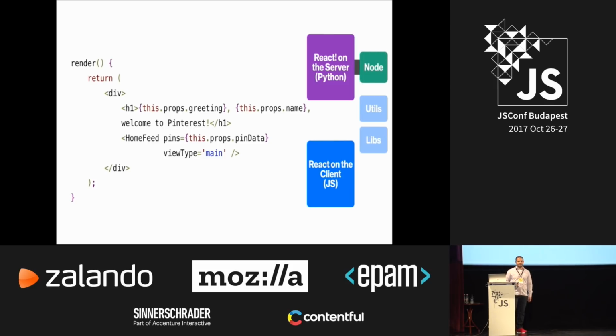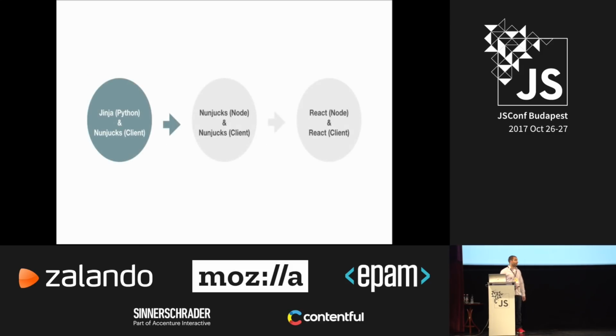As a bonus, we can reuse the same utils and libraries, so there is no more duplicating libraries, only in JavaScript, no more in Python. So now we have a plan for our migration. At first, we'll migrate from Jinja and Python non-JS on the client to non-JS on the server and on the client.